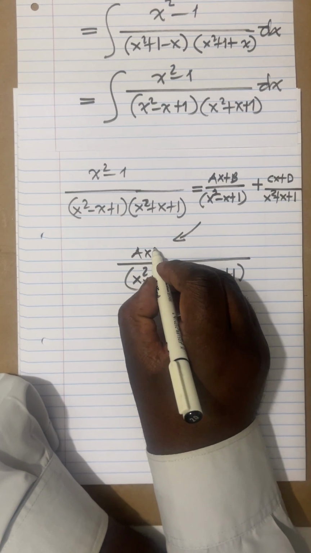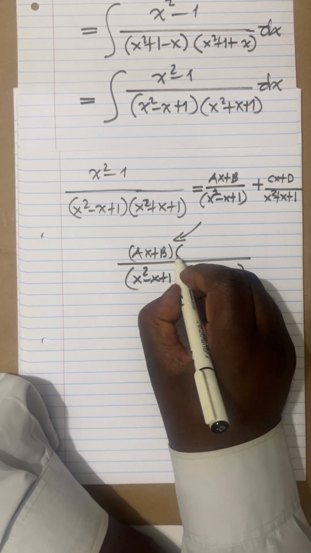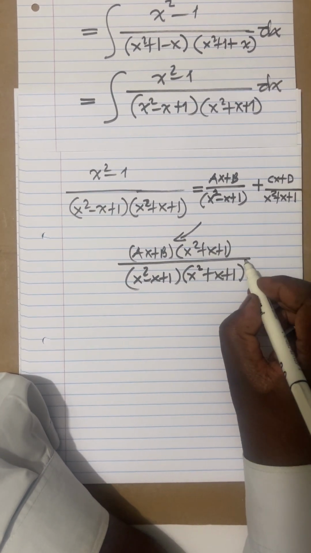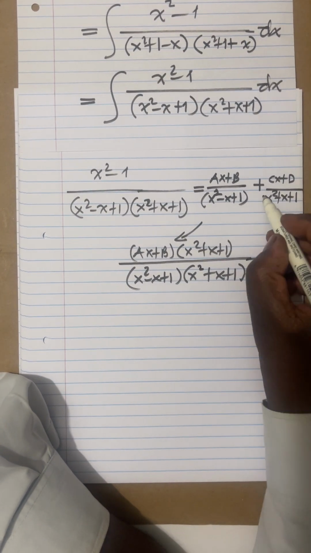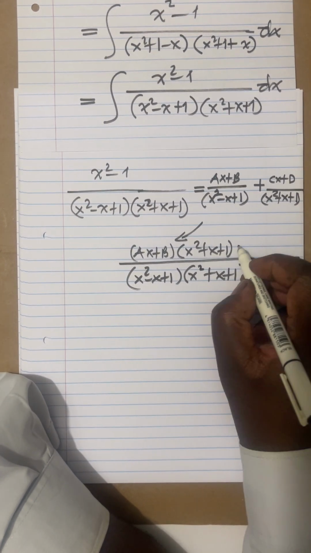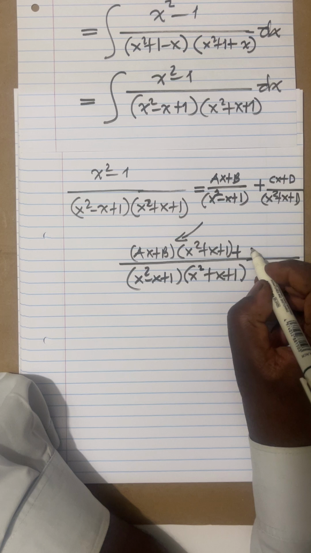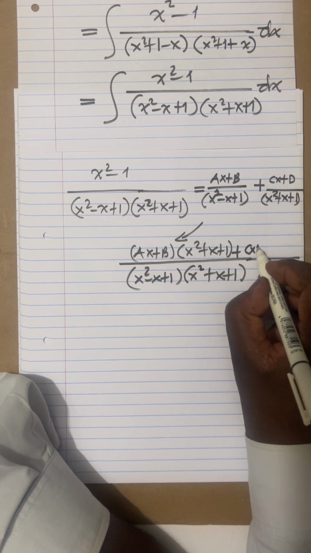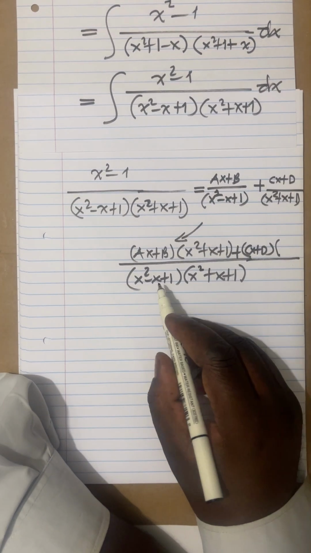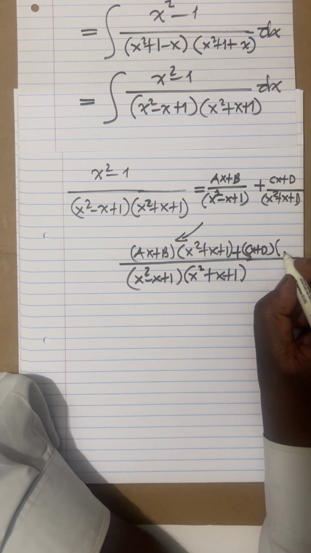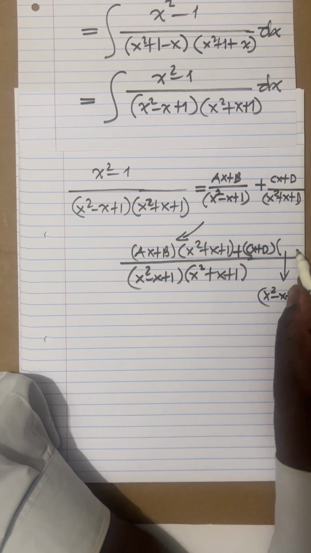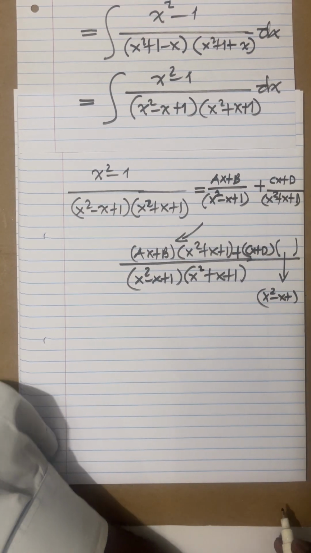So I have ax plus b times x squared plus x plus 1. Then I must continue this expression here now, dividing in there. These two cancel. I'm left with this one. So I'm going to say plus that plus sign. So it will be cx plus d multiplied by, in that space there, I'm going to have this, which is, if I may put it down here, x squared minus x plus 1. It must come into that space there.